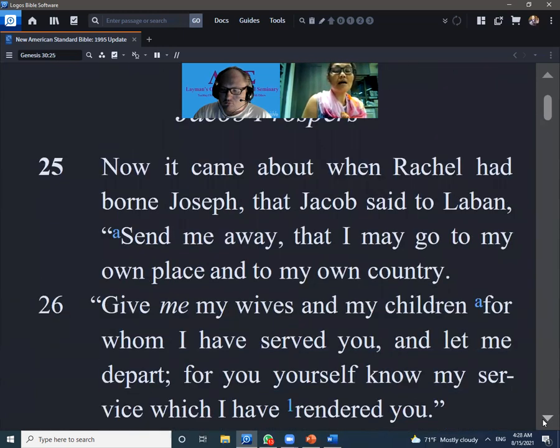Now it came about when Rachel had borne Joseph that Jacob said to Laban, "Send me away that I may go to my own place and to my own country."